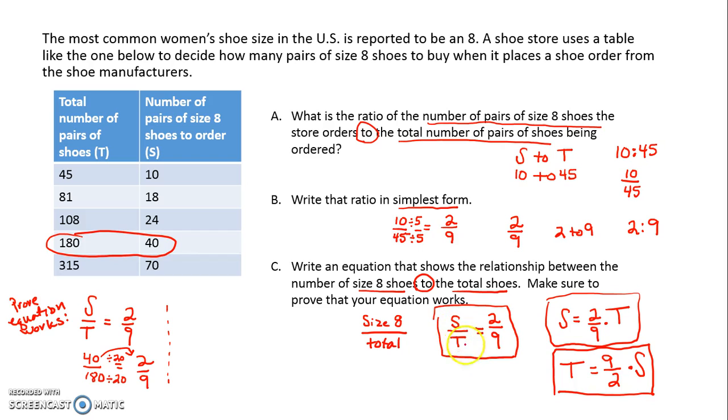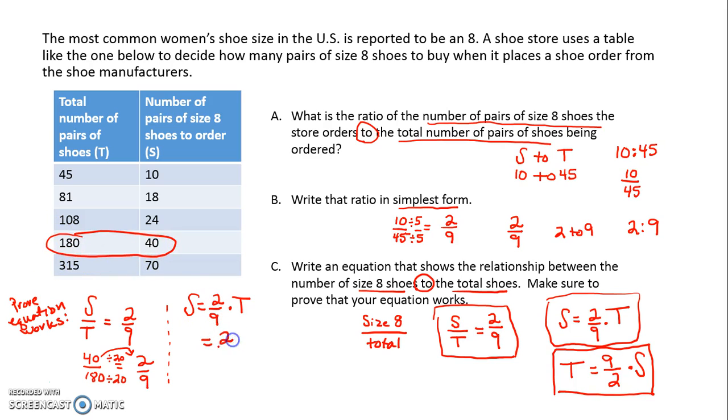In 7th grade, we do all our ratios as fractions, so that's why we automatically go to this. But I don't know how your 6th grade teachers handle it. So let's prove that this one works. S equals 2/9 times T. So that means I can use the same exact values here.